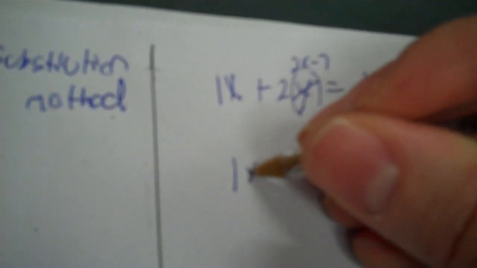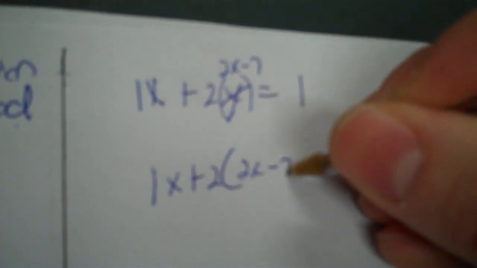So you write your other equation, x plus 2y equals 1, put a 1 in front of the x. Y is the base, so you're parenthesizing whatever the base is, and you're going to replace it with 2x minus 7. So you have 1x plus 2 times 2x minus 7 equals 1.